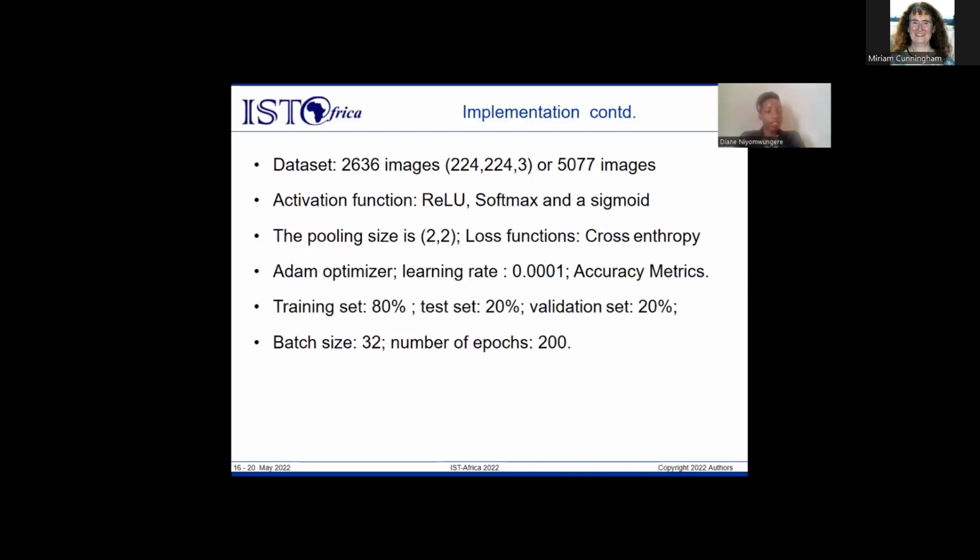And the dataset includes 5 classes of maize disease and 2 pathogens, fungus and virus.